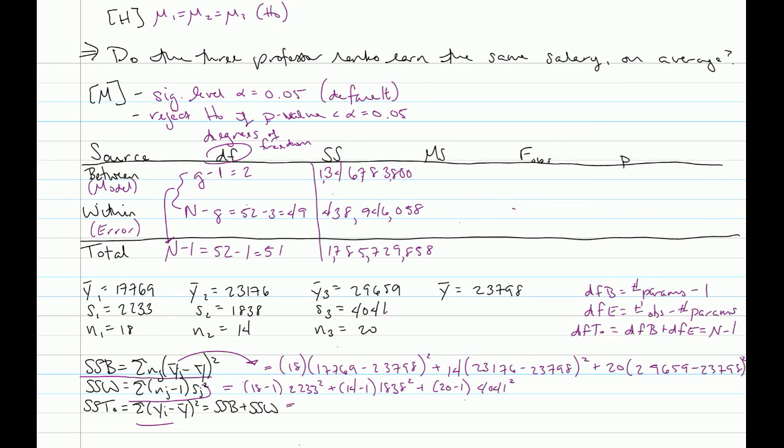So again, think about this analysis of variance. What we have actually done is taken that total variability, as if we had just one sample and didn't have multiple groups, and broken it down into what's going on within each group and what's going on between the groups.